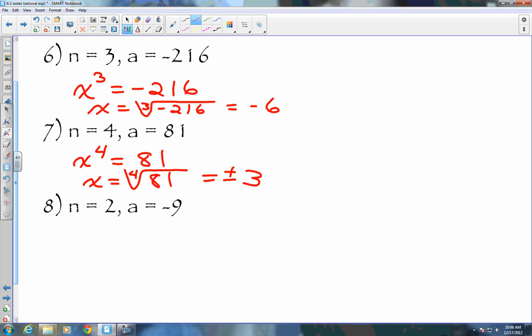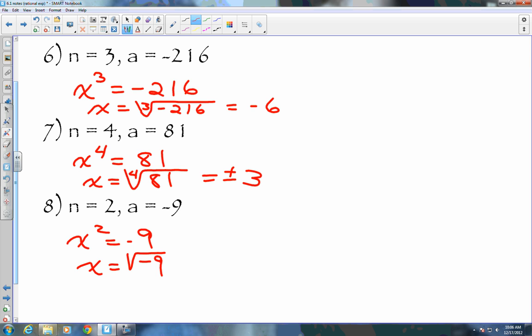So the ones with odd powers will have 1 answer. The ones where you're taking an even root will have 2 answers, or in the case of this one, I have x squared equals negative 9, or x equals the square root of negative 9. I'm only looking for real solutions.